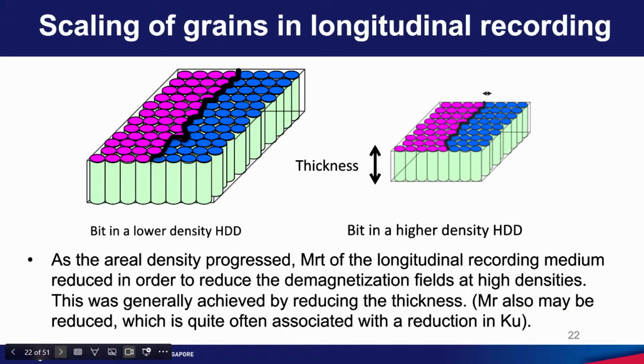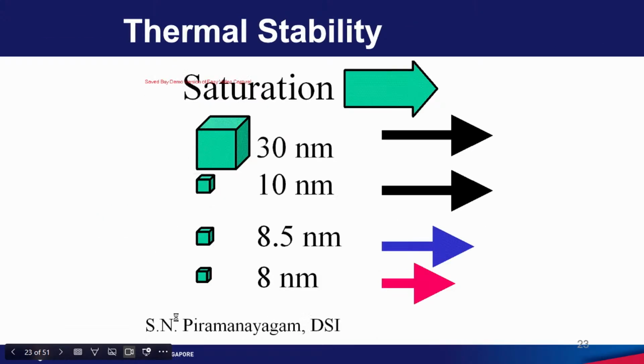That is because we have been shrinking the diameter of the grains. From 50 nanometer we have come down to around 8 nanometer, and shrinking from 8 to 7 or 7 to 5 is very challenging. That is one thing.